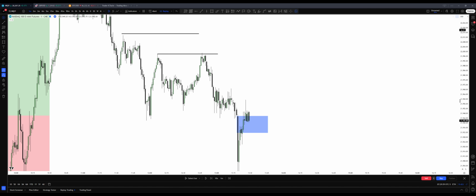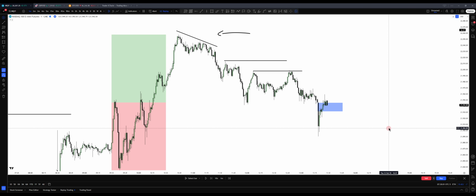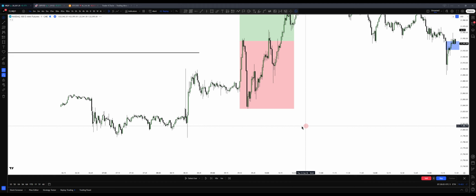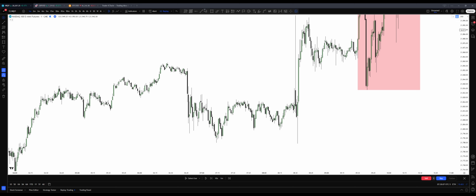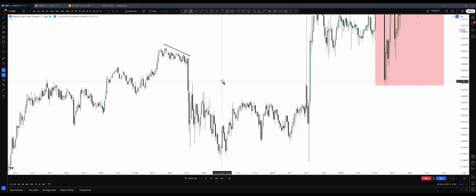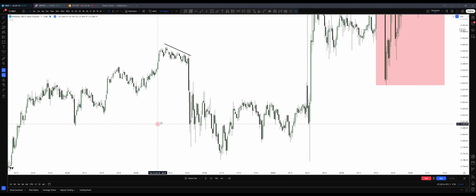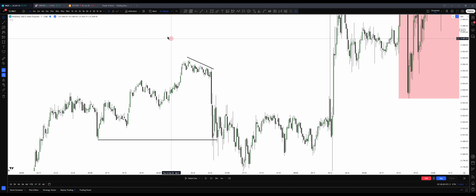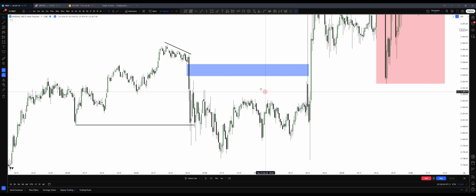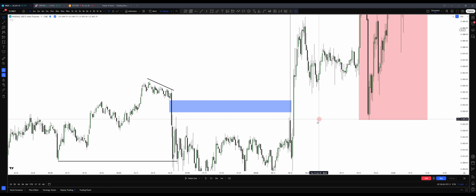That's another topic which I'm going to be covering in the next videos I'm going to be making. Also right here you can see price makes trendline liquidity, low resistance, and then just drops heavily and aggressively, making you think you're going to miss the move, making you sell right here, but you're just going to get wrecked.